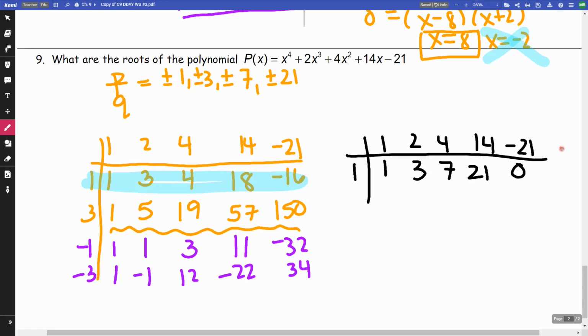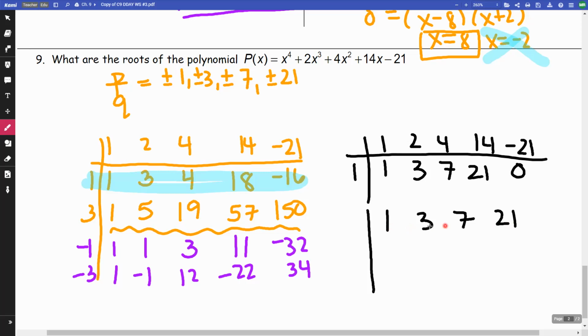So I did end up getting a 0 here. So 1, 3, 7, 21 is going to be what I have left. And now I'm going to try synthetic division again with this and see what I get.